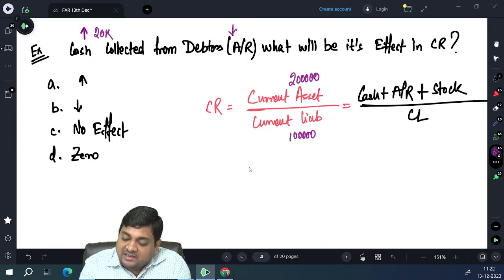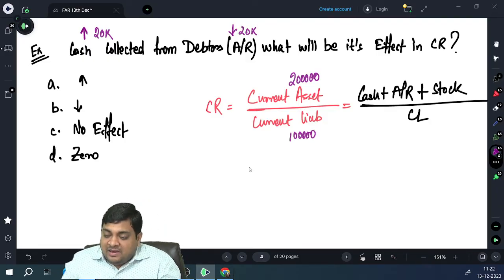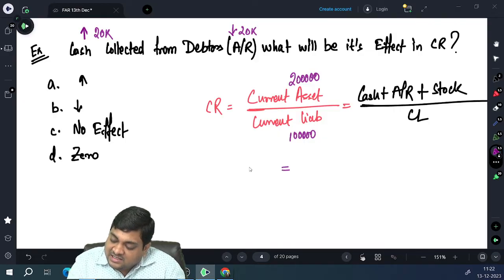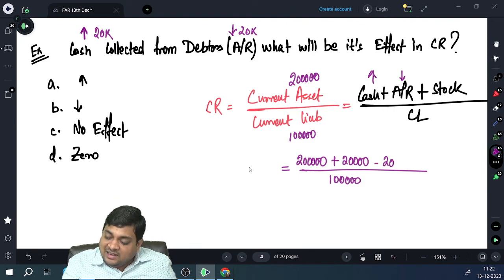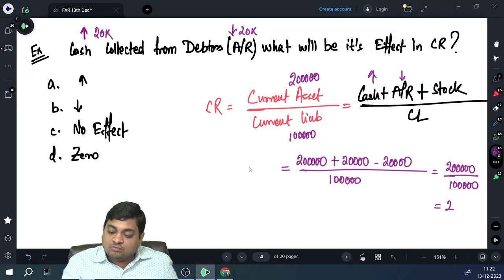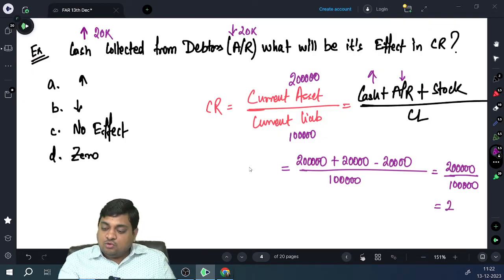So 20k will increase and 20k will decrease. You can easily see that there will be no change in the numerator. So this is 2 lakh upon 1 lakh. 20,000 of current assets will increase, and then current assets will decrease by 20,000. As a result, post this transaction, your numerator is not changing. Ultimately it is 2. Previously also it was 2, now also it is 2.